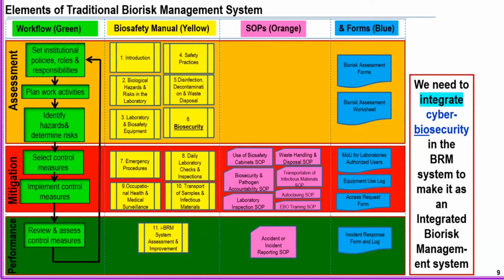When you are implementing a biorisk management system in your organization to mitigate biological risks, you need to have your institutional policies in place. You need to have an institutional biosafety and biosecurity committee, and this committee should have competent members so that they can implement the biological risk management system to keep everybody safe in the laboratories and to protect the biological materials, equipment, and knowledge.